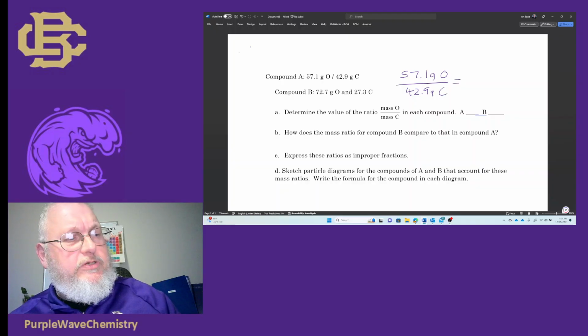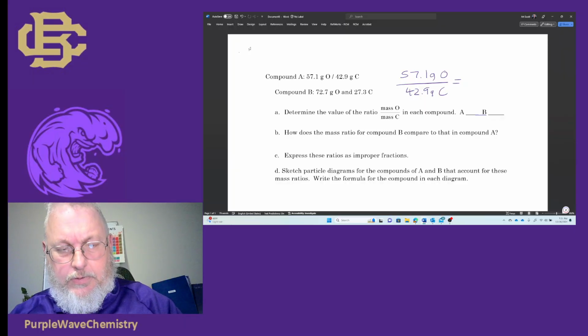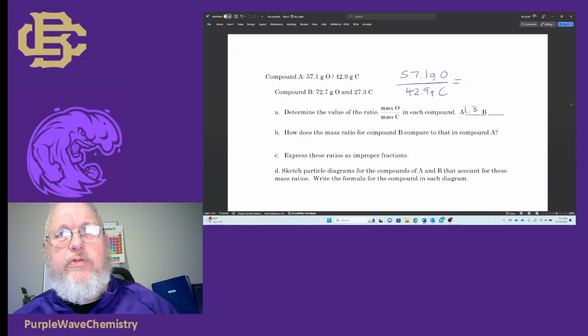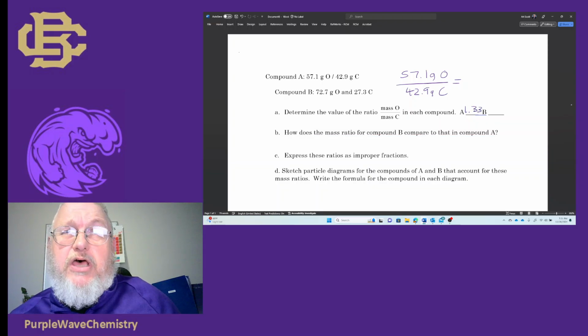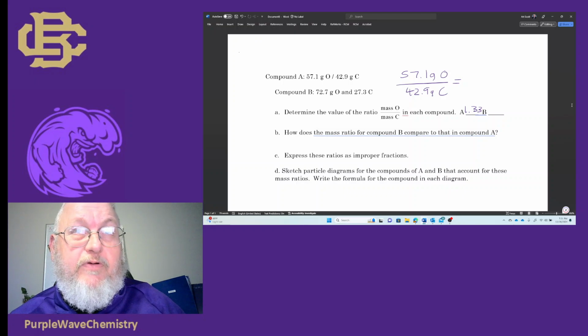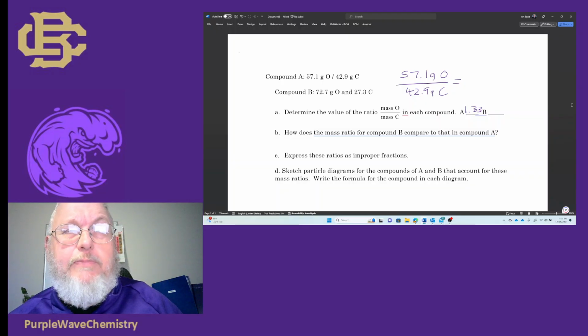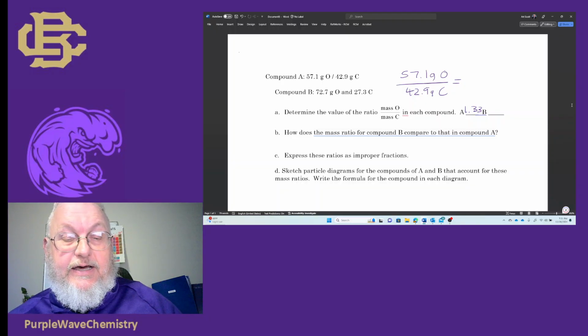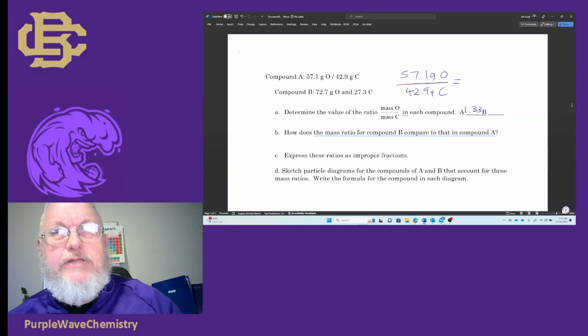Let's see what that's going to be. I get 1.33. I'm going to go ahead and put it down here in this box. 1.33. All right, so what that means is that for every 1 gram of carbon, I've got 1.33 grams of oxygen, since we determined that carbon and oxygen, these elements, these particles, have a different mass.